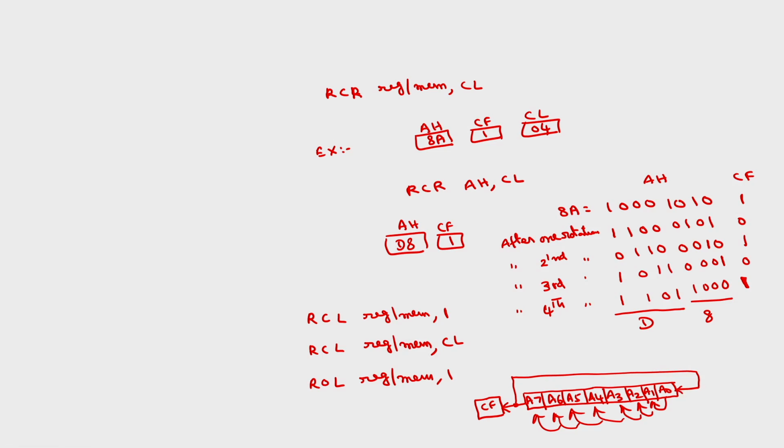In case of RCL, this A7 will go to carry and the carry contents will go to A0, whereas in case of ROL, A7 will go to carry as well as A0. Okay. So if I take the example of the same 8A, and similarly we have ROR register, memory, comma 1.